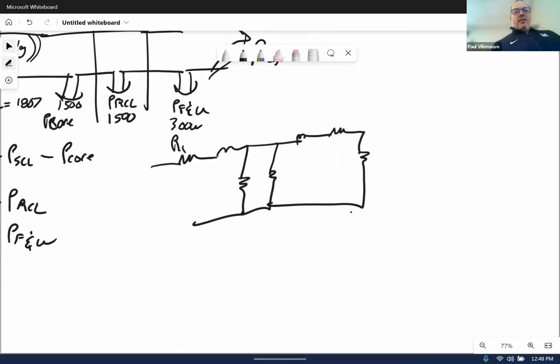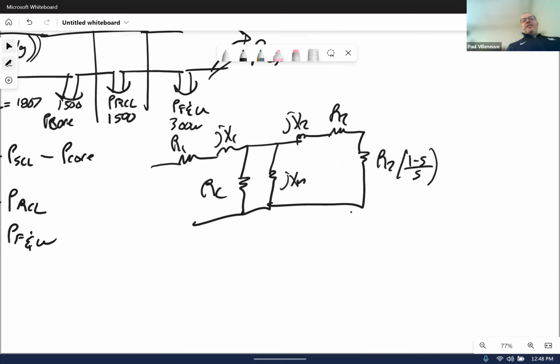This is R1. This is R core, JX1, JXM, JX2, R2, and R2 times 1 minus S over S. My stator copper losses come from the windings in the stator. My core losses are over here.